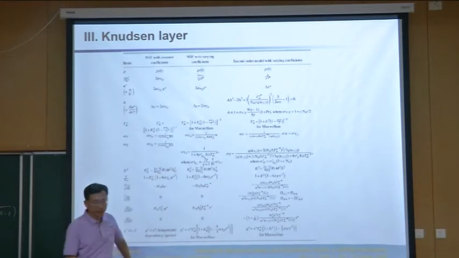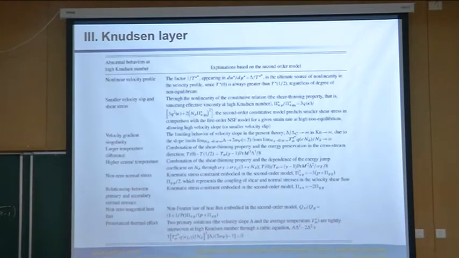Okay, maybe too complicated, but maybe in the next slide I have a physical reason. So this is a summary of the Knudsen layer properties. For example, the nonlinear velocity profile. Because there is non-isothermal flow, the factor 1 over T to the n, if n is not 0, this cannot be just 1, appearing in this conservation law, is the ultimate source of nonlinearity in the velocity profile.